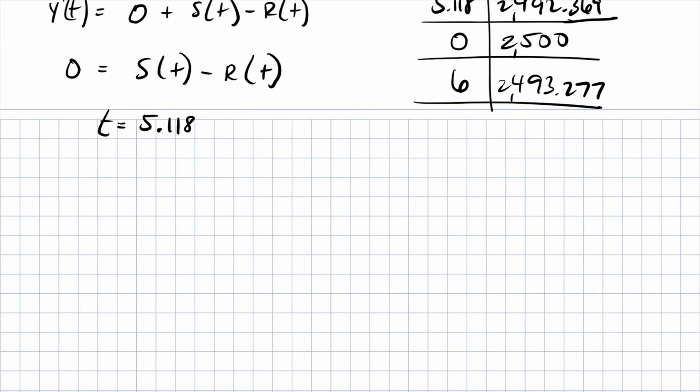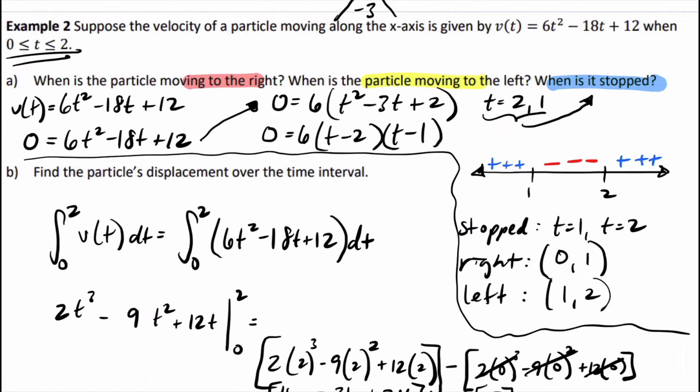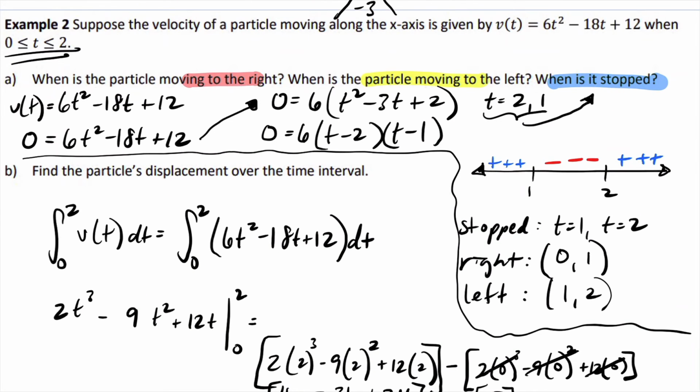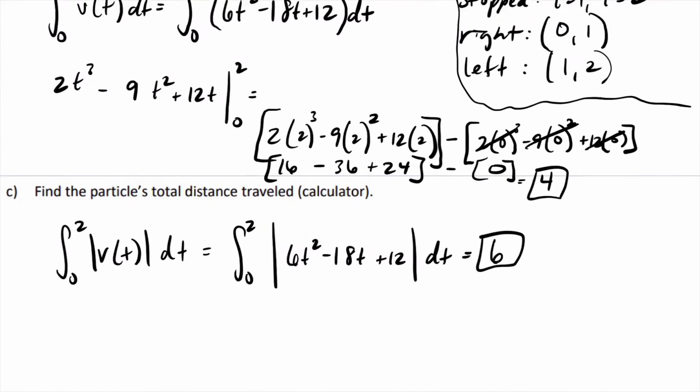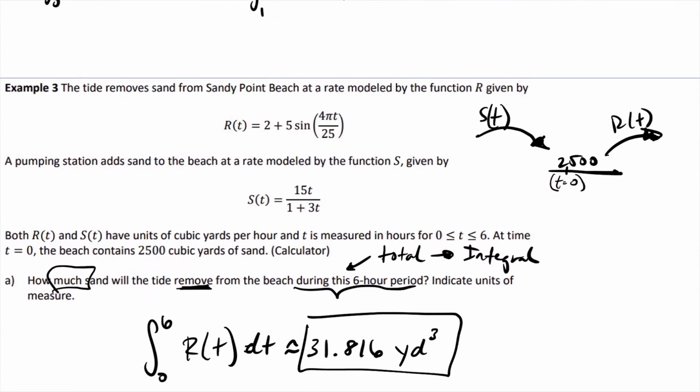Let's go back here. The first question, they gave you velocity, right? And they ask you displacement, moving left, moving right, stopped, total distance, right? That was the first one.